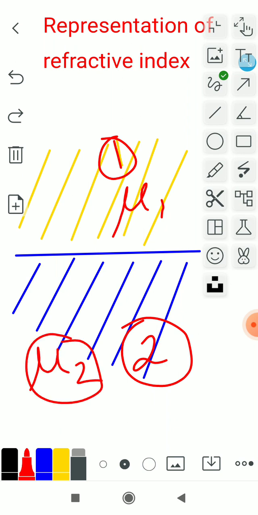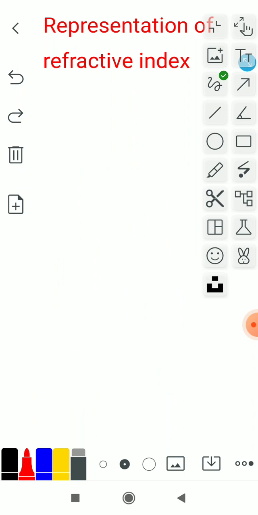Understand very clearly. But how can we represent that? We can represent it by a symbol, and that symbol is 1 mu 2.